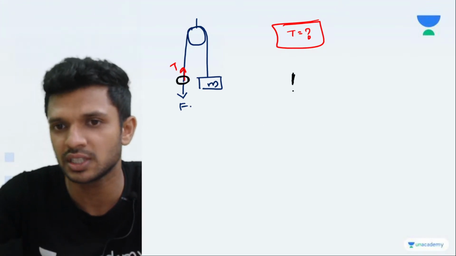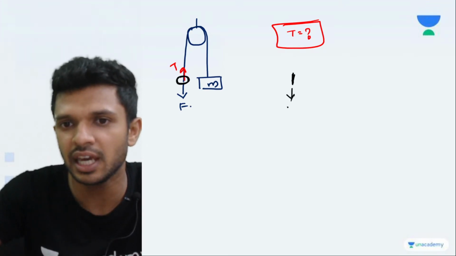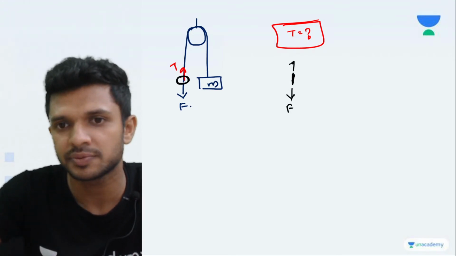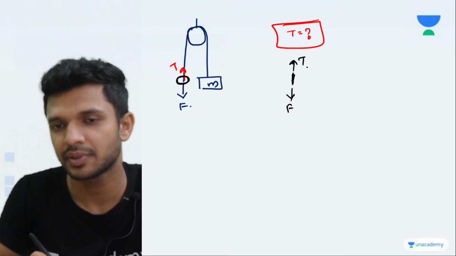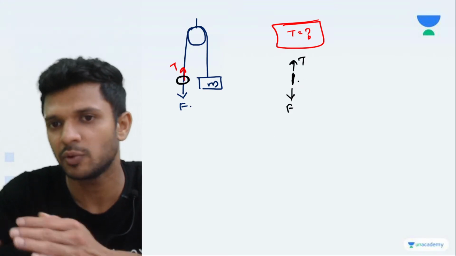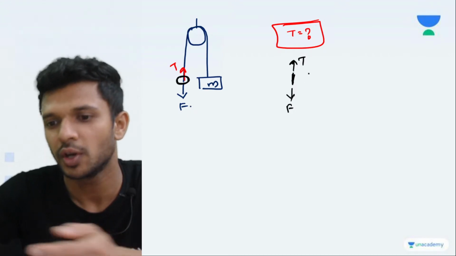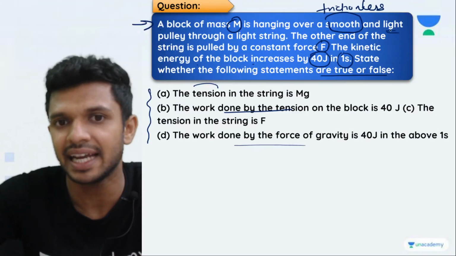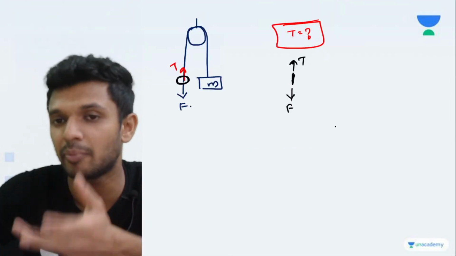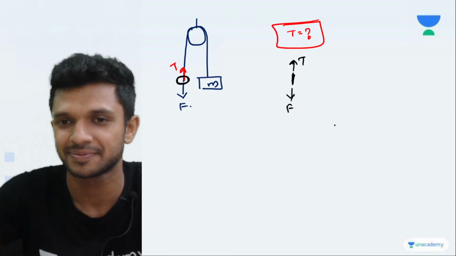Mark down the forces on this part of the string. Ek force hai, external force, and the other force is upward T. And will this rope have a mass? No, because it is given that it is a light pulley and a light string, which means the string doesn't have mass, so no mg force.